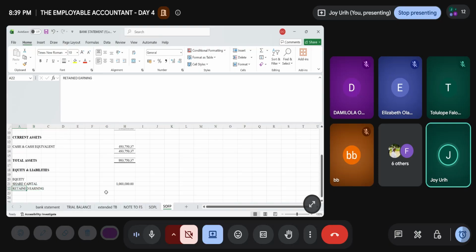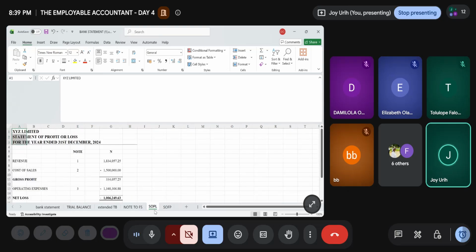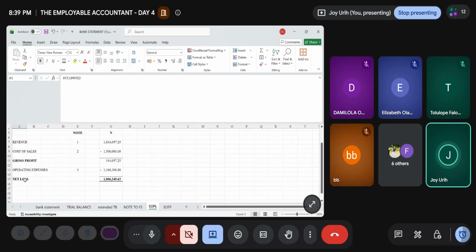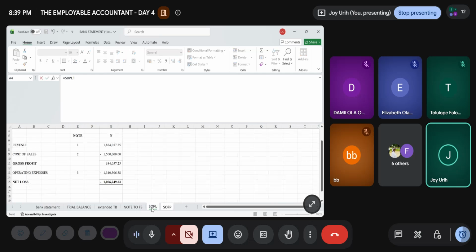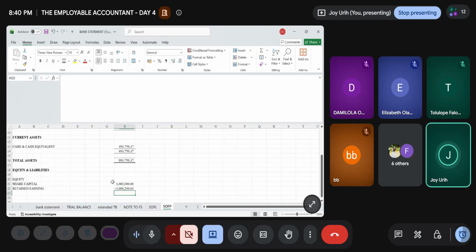This is because of your retained earnings. You need whatever you got here as your closing, whether net profit or net loss. This is your retained earnings for the period. So I'm going to pick my retained earnings, which is my net loss. Being it's profit, we'll bring it there as profit. So regardless of what it is.